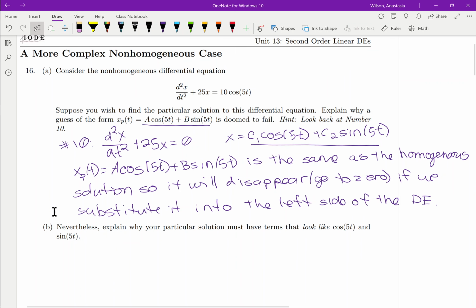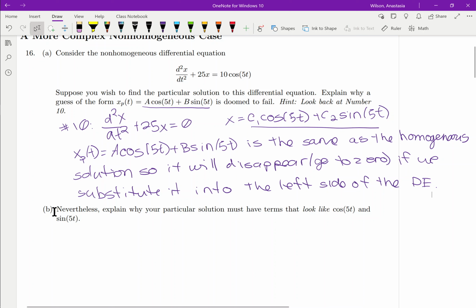So let's continue on. Part B. Nevertheless, explain why your particular solution must have terms that look like cosine 5t and sine 5t.